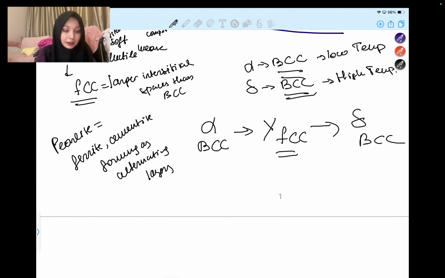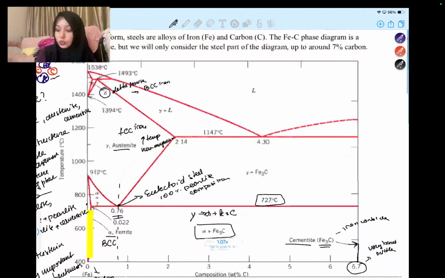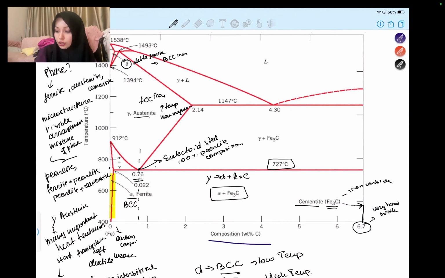Okay, and then we have the difference between our eutectoid reaction and eutectic. Okay, and what is the difference? In eutectoid, the solid is transforming, so basically the reaction happens in the solid phase, but in eutectic, as you can see, the liquid transforms.